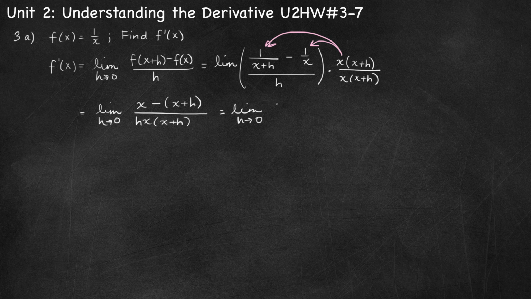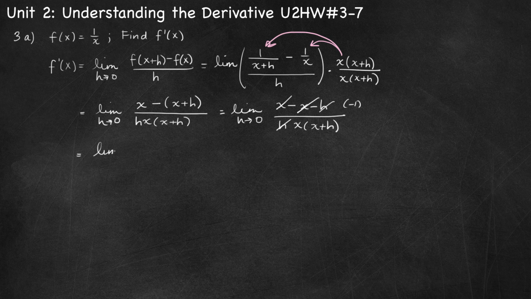Simplifying my numerator, I have x minus x plus h, so those cancel out, over h times x plus h, and then I'm just left with a negative h in my numerator, so the negative h divided by h just becomes negative 1 in my numerator.